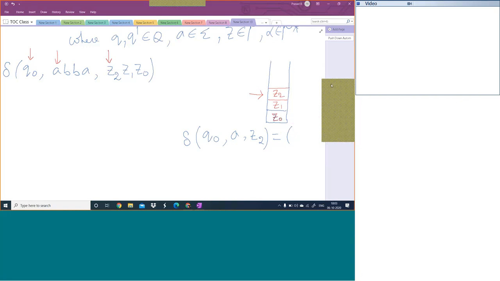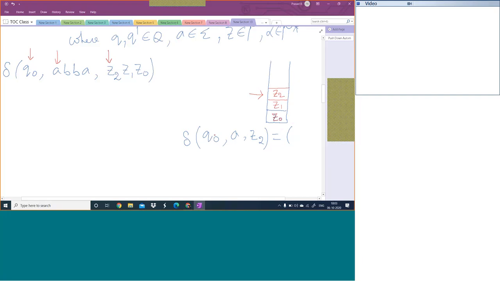Now, here Q0, A, Z2. Every time the machine takes the present state, the present input symbol, and the topmost symbol in the stack. Everything depends on the requirement. Now I am defining the move like this.